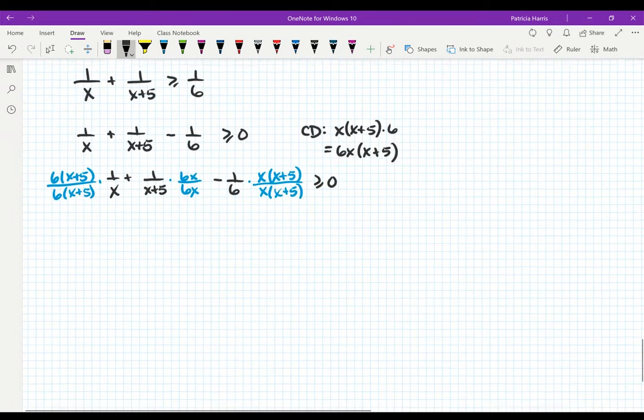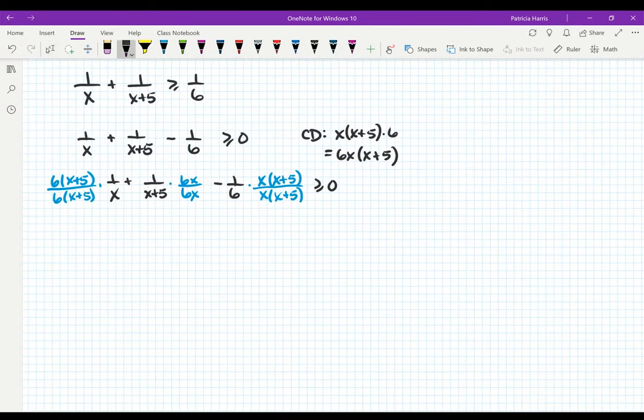All right. Okay, so let's see. Let's multiply here. So let's see here. I got 6x plus 5 plus, and again, I'm just going to multiply. Okay. And now I'm going to take care of the denominators.